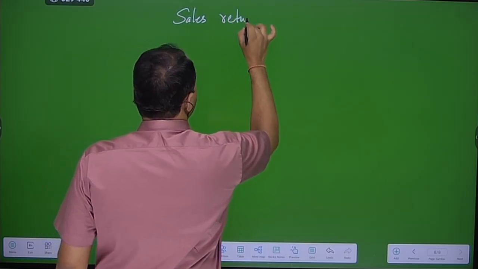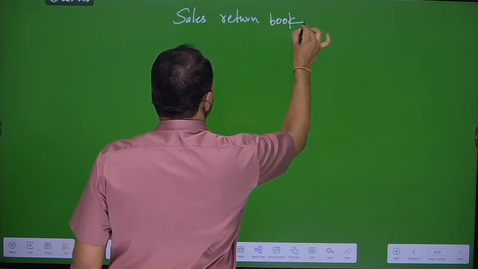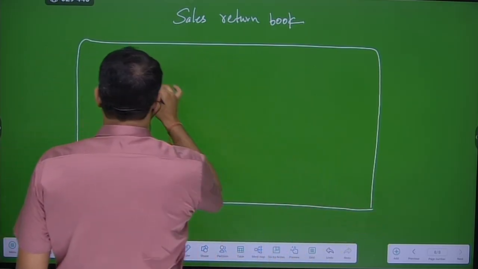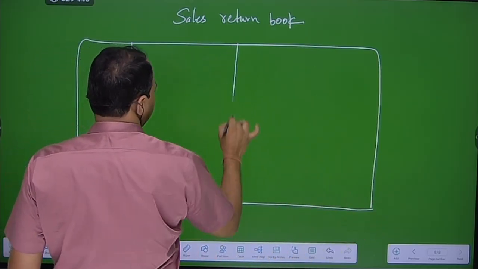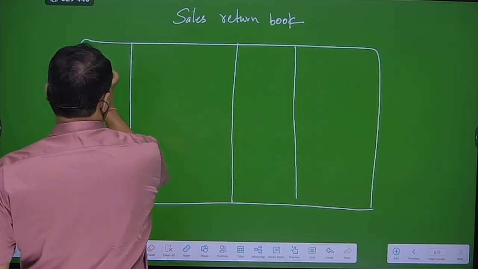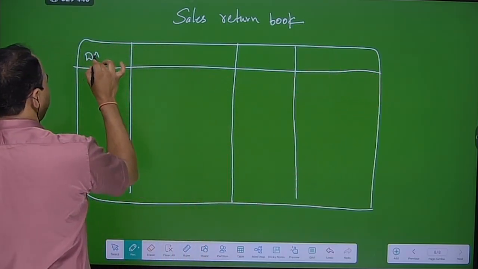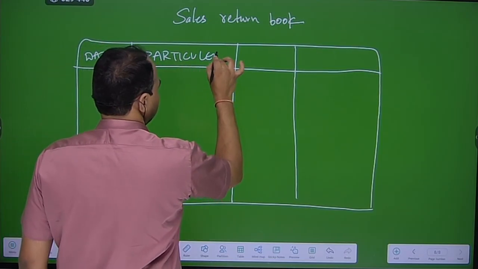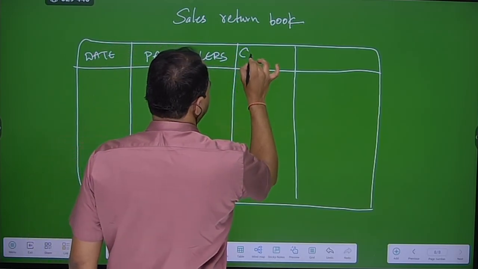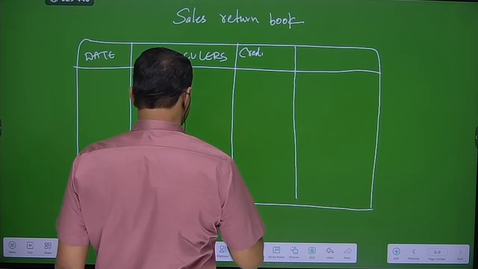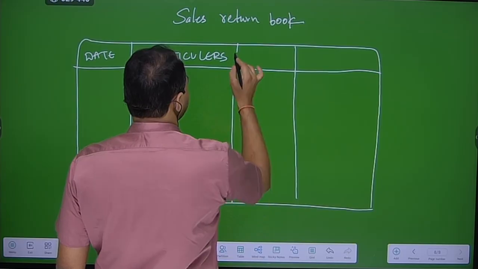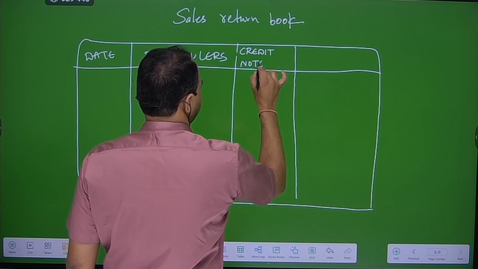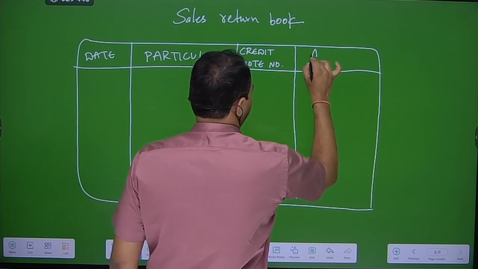Sales return book. This is the format of the sales return book, same as before: first date, second particulars, and third credit note number, and amount.